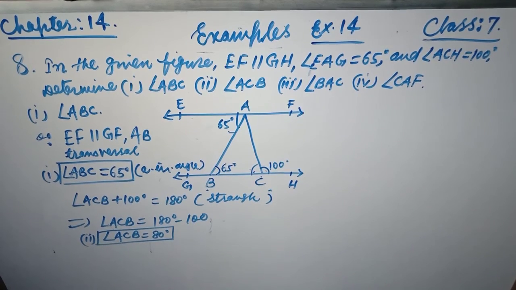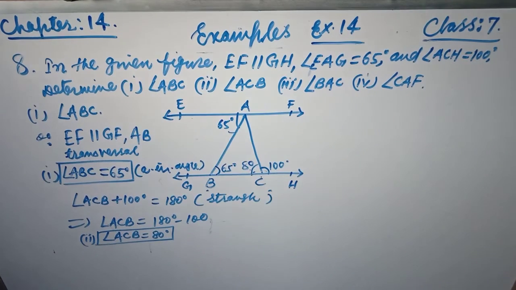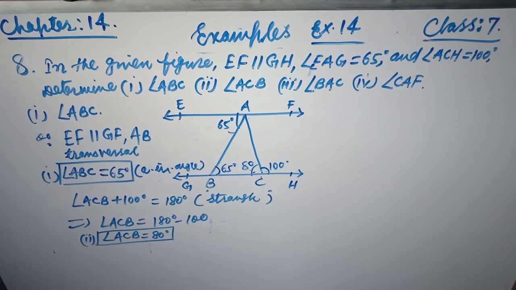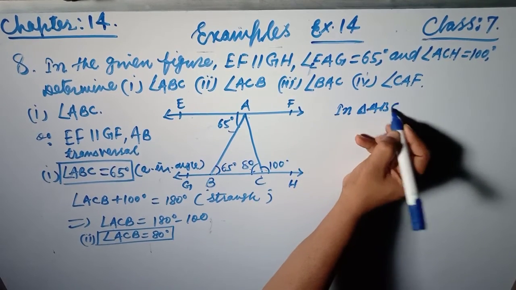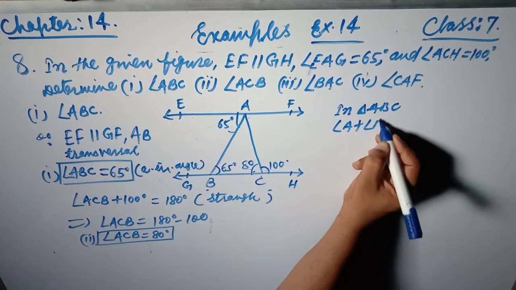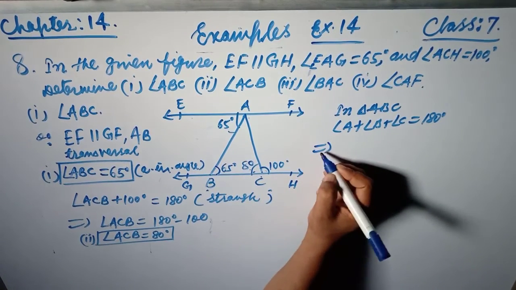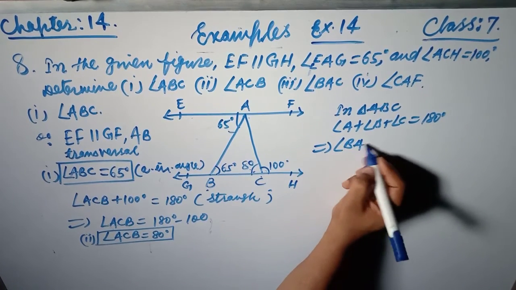Now third, friends, we have to find BAC. This is 80 degrees, and we can find BAC by applying the angle sum property, which means angle A plus angle B plus angle C is equal to 180. In triangle ABC, angle A plus angle B plus angle C is 180 degrees. Angle A, which we have to find, is BAC.